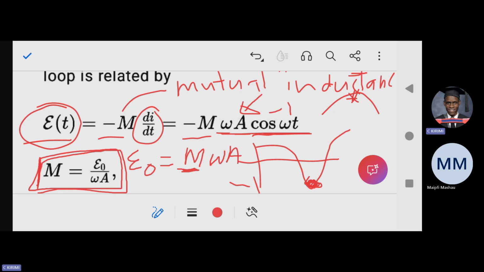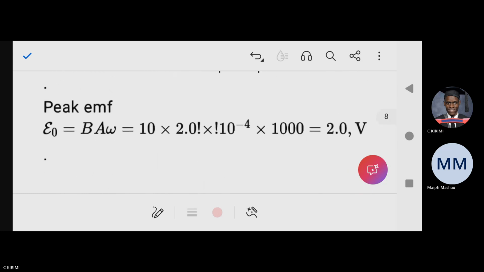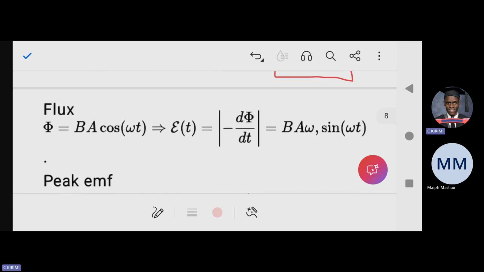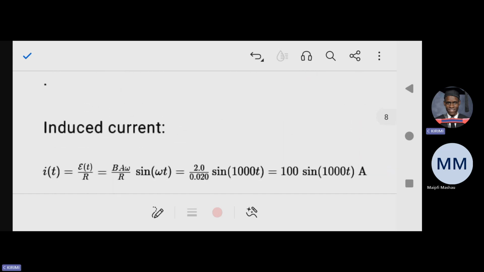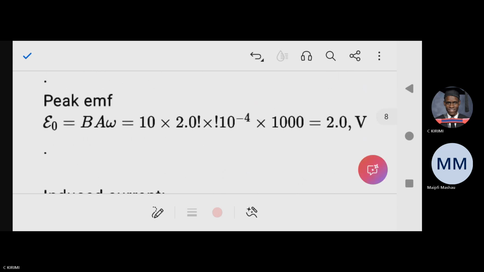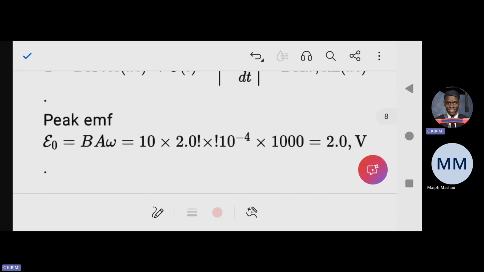And remember, the first one, when you're calculating the EMF, was given the magnetic flux. Can you see the formulas are different? So we are calculating the EMF using the magnetic flux.